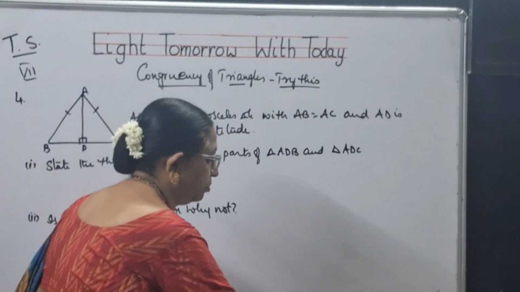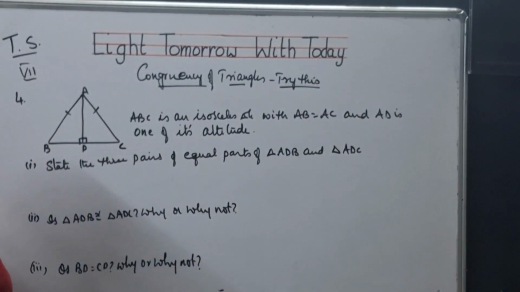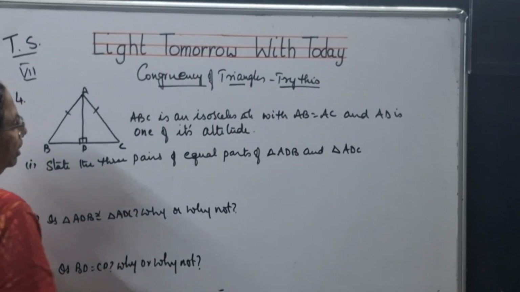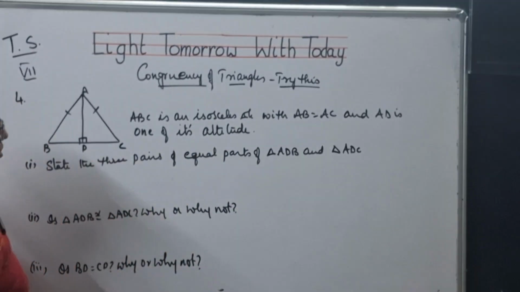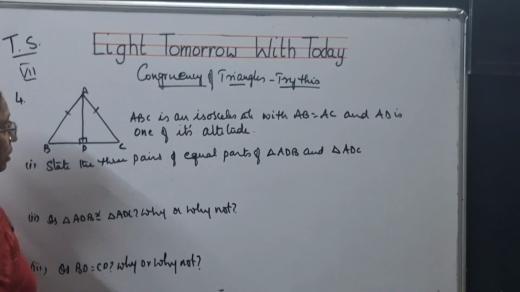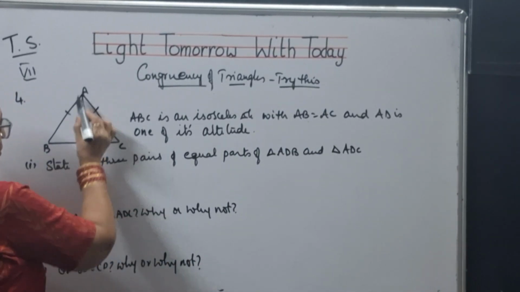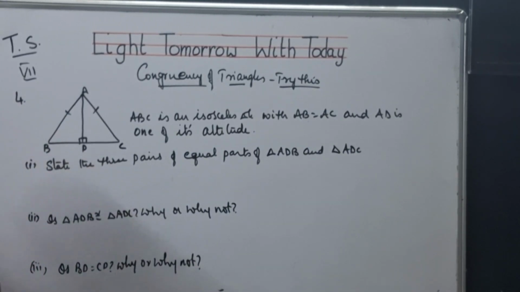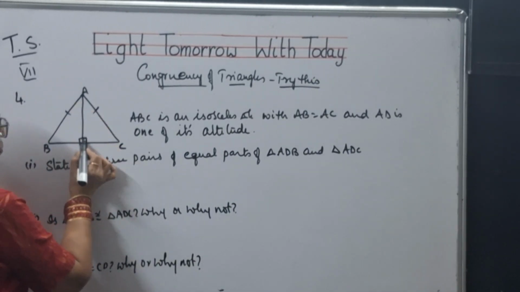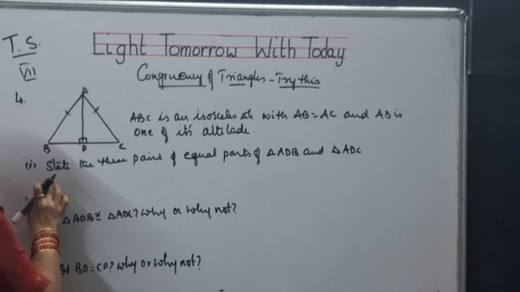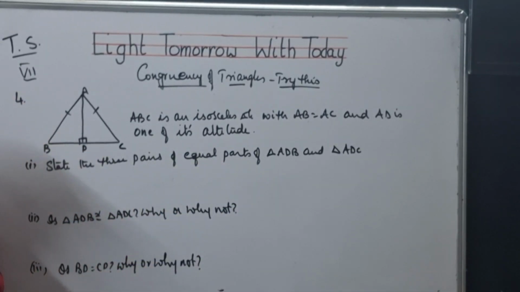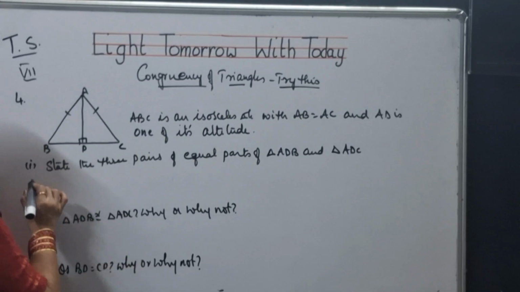Now fourth problem, children. ABC is an isosceles triangle. What is meant by isosceles triangle? A triangle in which any two sides are equal. So here you have said that ABC is an isosceles triangle, AB is equal to AC they have given. And AD is one of the altitudes. So AD is perpendicular. So the first question is state the three pairs of equal parts of triangle ABD and triangle ADC.